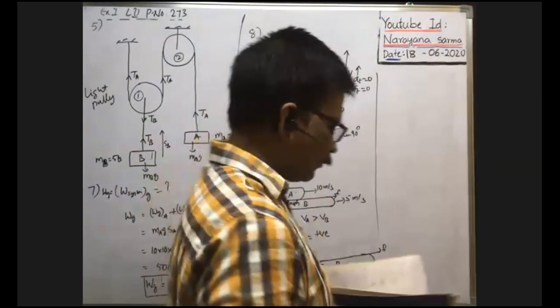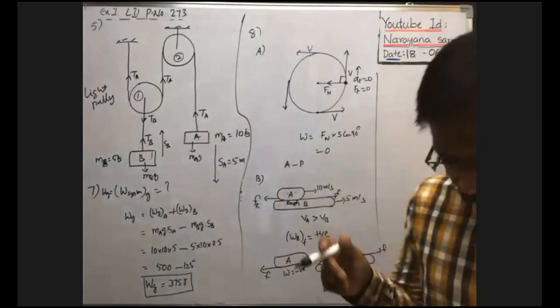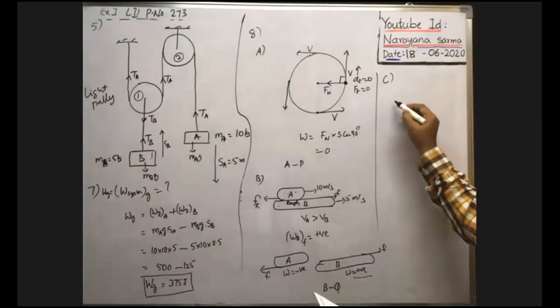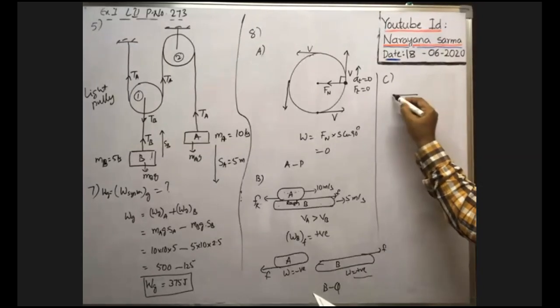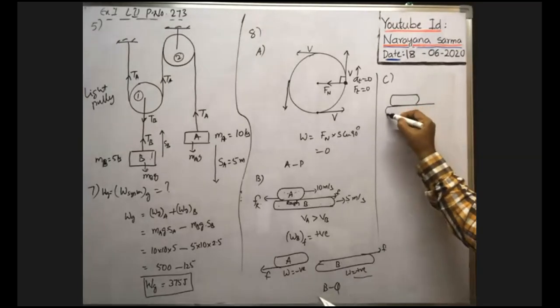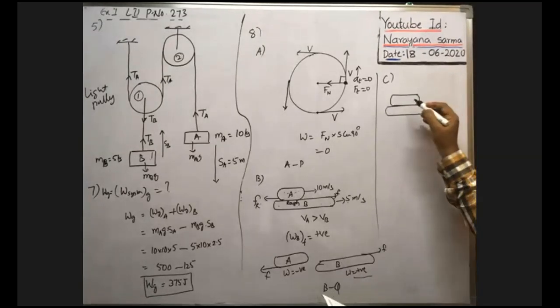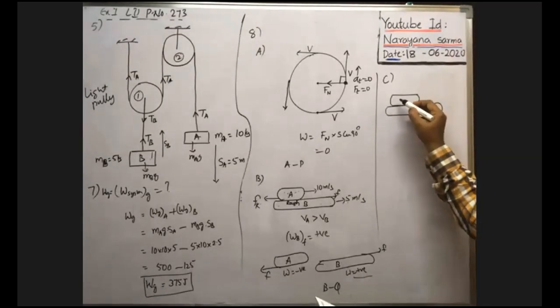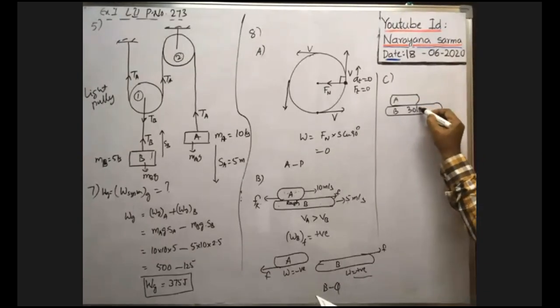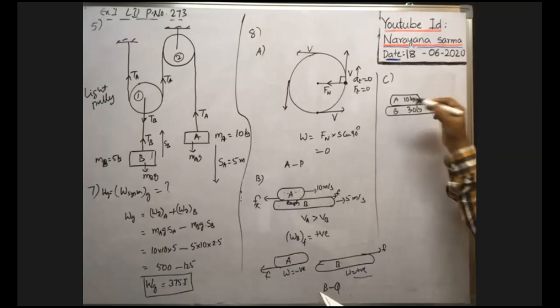Okay, next in C, column 1. In point C, there are two blocks kept one over the other like this. It is the block A, block B. Here it is having 30 kg mass, it is having 10 kg mass.